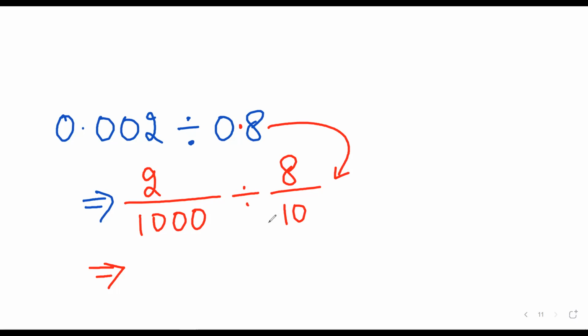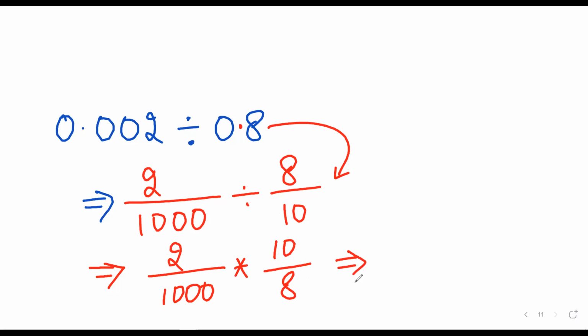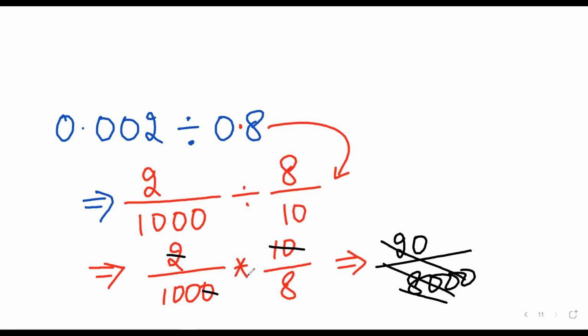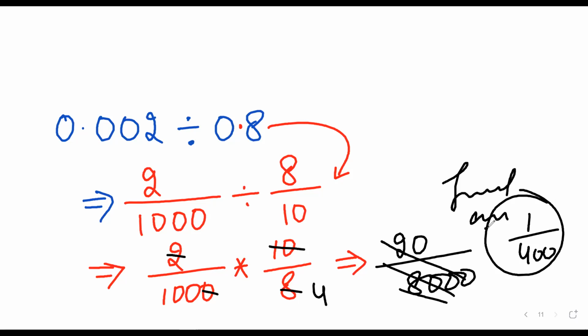Whatever you want. Okay. Then you do 2 upon 1000 into 10 upon 8. And then you get 20 upon 8000. And that is what I'm trying to tell you. What should I do here? Rather than writing 20 upon 8000, what should I do before writing? Remove the zeros. Yes, equal to 1 upon 400. This will be the final answer. Any doubt about this? No, sir.